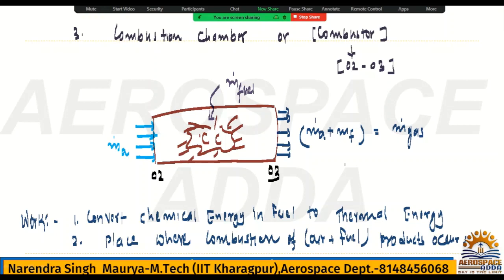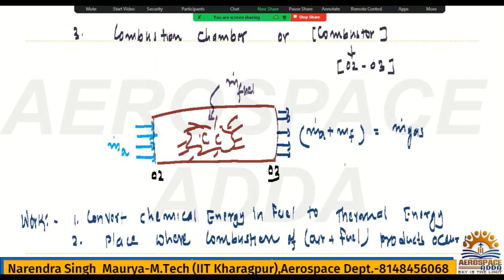In the Brayton cycle, heat is added at constant pressure. Heat is added means fuel supply in the combustion chamber. So combustion always occurs at constant pressure.